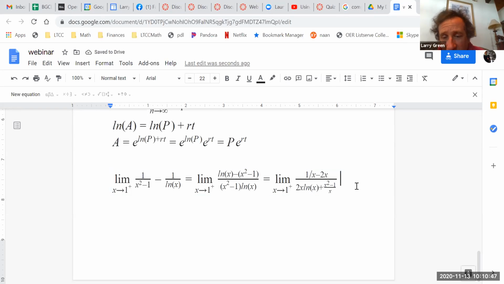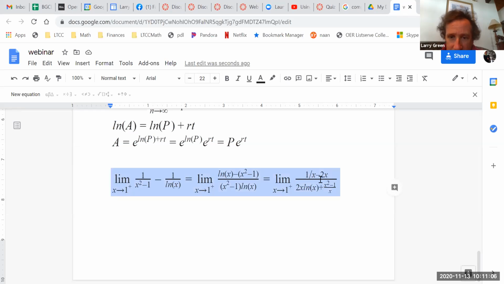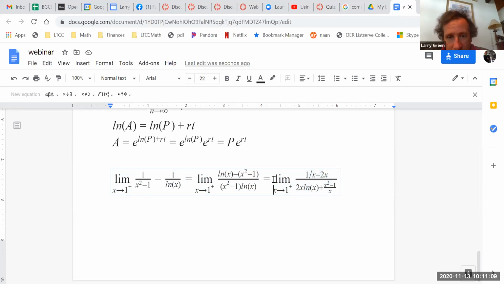Any questions on this step? Any questions? Okay, so we're getting there. At this point, it's probably a good idea to multiply by x, get rid of the messy fractions, if you're okay with that. So I'm going to multiply by x.